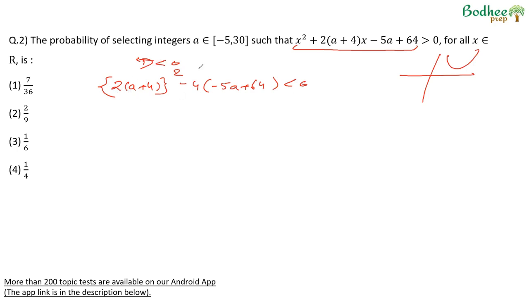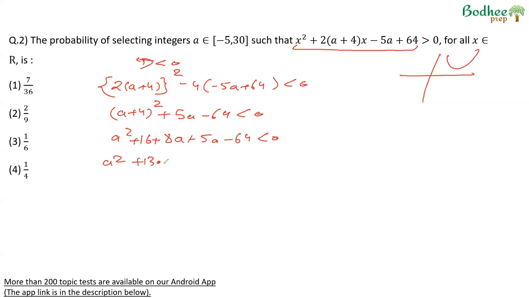Divide the entire thing by 4, 2 square 4 and 4 cancel out. I am left with (a plus 4) whole square minus minus plus 5a minus 64 less than 0. a square plus 16 plus 8a plus 5a minus 64 is less than 0. a square plus 13a minus 48 is less than 0, which means (a plus 16) into (a minus 3) is less than 0.